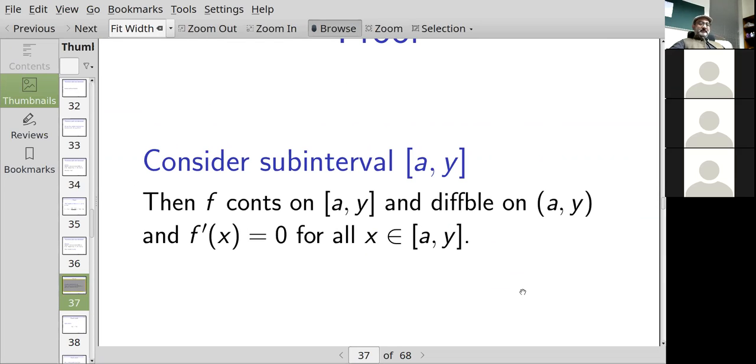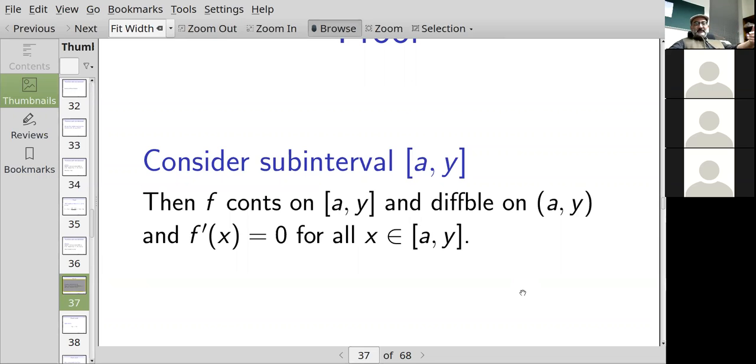This is a subinterval. Since f was continuous and differentiable from a to b, and y is some number between a and b, then it's continuous and differentiable from a to y. And we already said that the derivative was 0 everywhere between a and b. So the derivative is 0 everywhere between a and y.